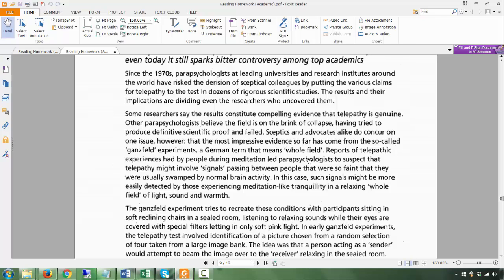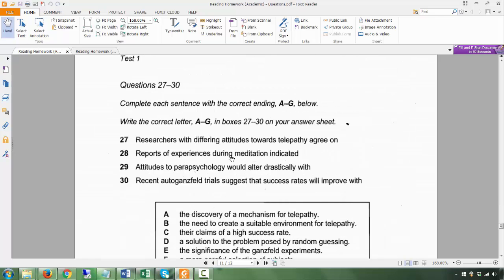Now, involve signals passing between people that were so faint that they were usually swamped by normal brain activity. In this case, such signals might be more easily detected by those experiencing meditation-like tranquility in a relaxing whole field of light, sound, and warmth. Now, reports of experiences during meditation indicate the need to create a suitable environment for telepathy.